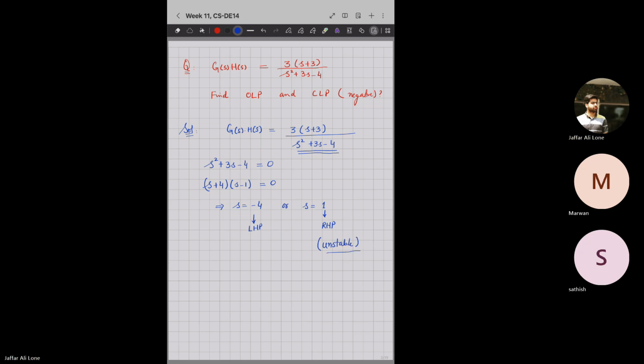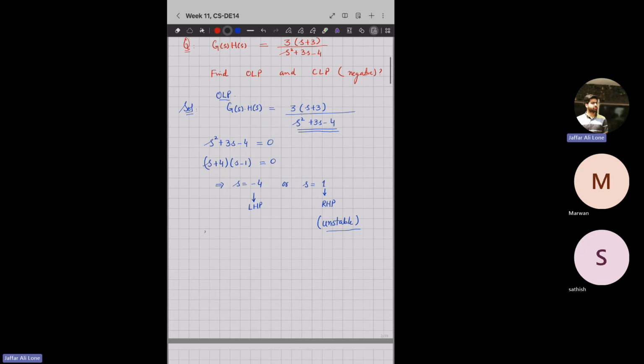Now why we are doing it, you'll get to know in a minute. So these were open loop poles. Now let's find closed loop poles, CLP. For closed loop poles, what do we evaluate?